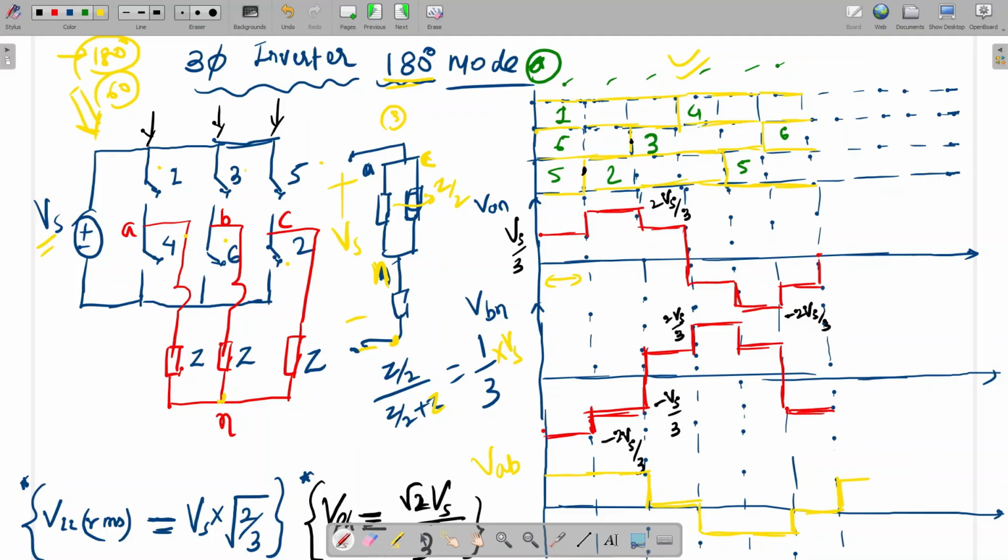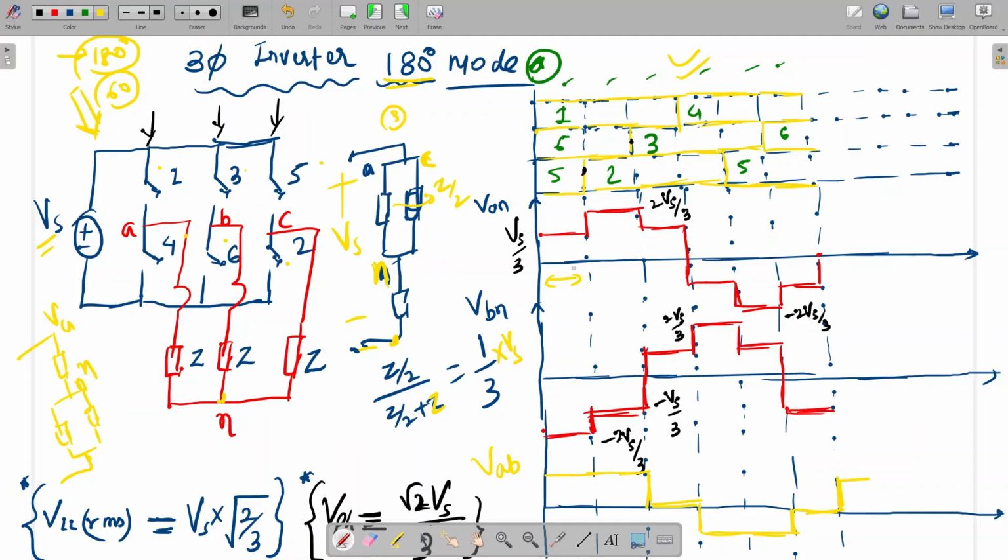Yes, sir. Similarly, if 1, 6 and 2 conduct, two impedances will be connected to the bottom point and one will be connected to the top point. One Z will be like this and these two will be like this below. Here N is there and VA.